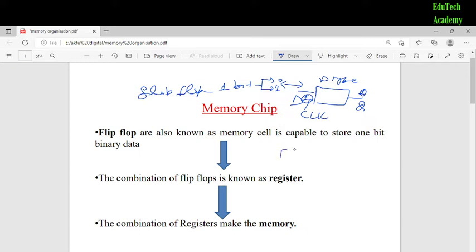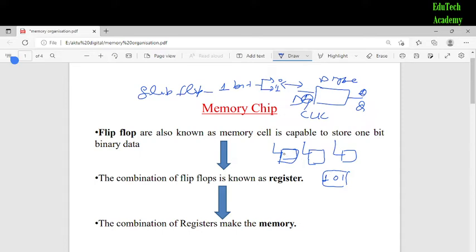And if we connect more than one flip-flop in parallel, then they form a register. Thus we can say a register is a digital element that is used to store more than 1 bit of binary data. Suppose we need to store 101; to store these 3 bits we require 3 flip-flops.